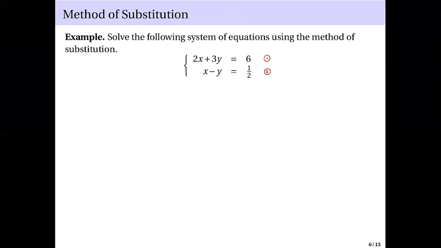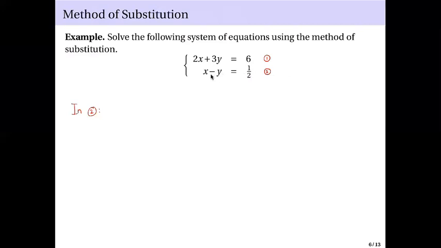So for example, in equation 2, you have x minus y equals 1/2. We can write x in terms of y, meaning we can isolate x on one side of the equation and write everything else on the other side.